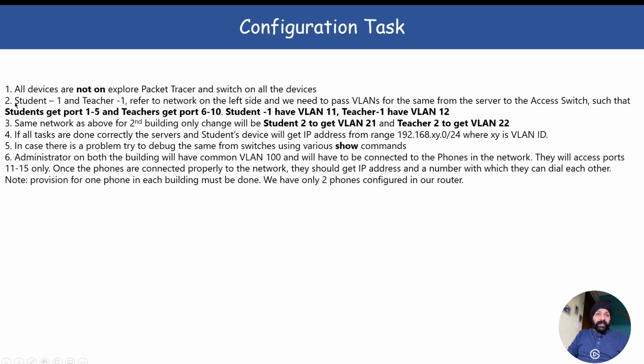The second task that we need to do is: the network on the left is of student 1 and teacher 1, and we need to pass VLANs for the same from the server to the access switch such that students get ports 1 to 5 and teachers get ports 6 to 10. Student 1s have VLAN 11 and teacher 1s have VLAN 12.